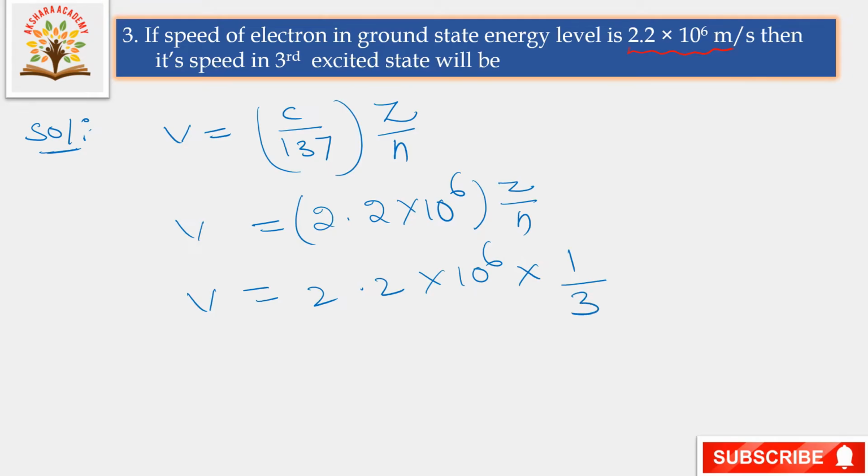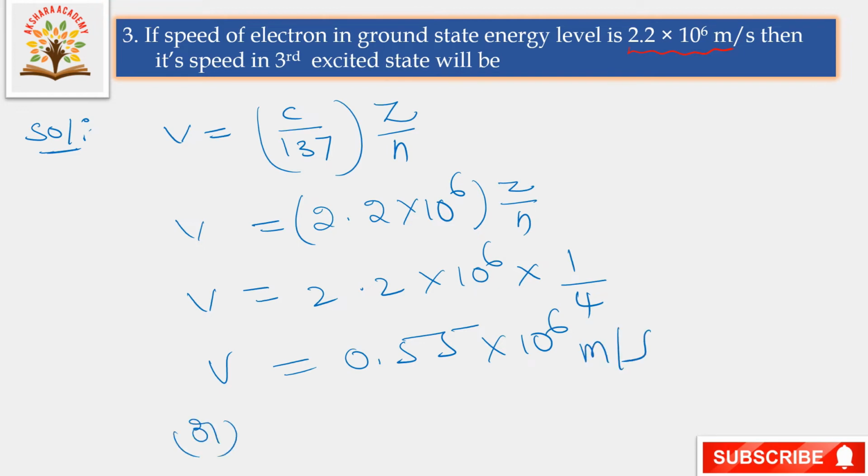Here N is equal to 4. So 2.2 into 10 to the power of 6 into 1 by 4. So V is equal to 0.55 into 10 to the power of 6 meters per second, or this can be written as V is equal to 5.5 into 10 to the power of 5 meters per second.